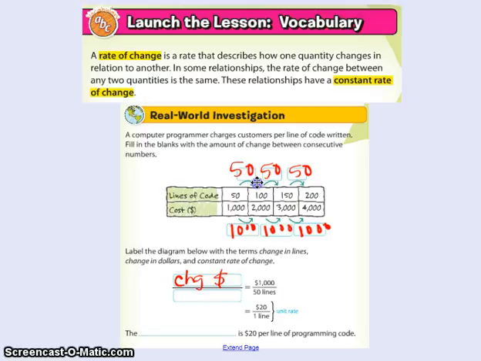And then the lines, this was change in lines. And then the blank is $20 per line of programming code. Okay, so I need to figure out what is that last vocabulary term that I need to fill in right here. And it is constant rate of change.